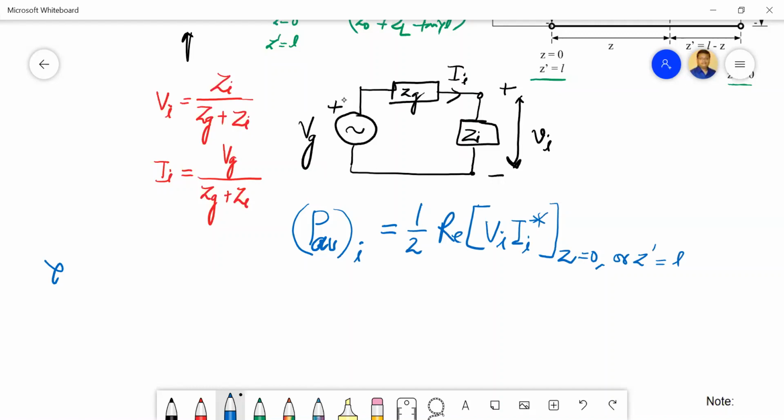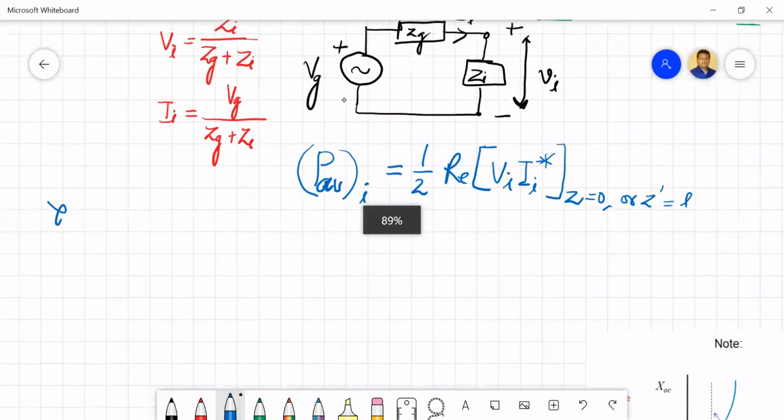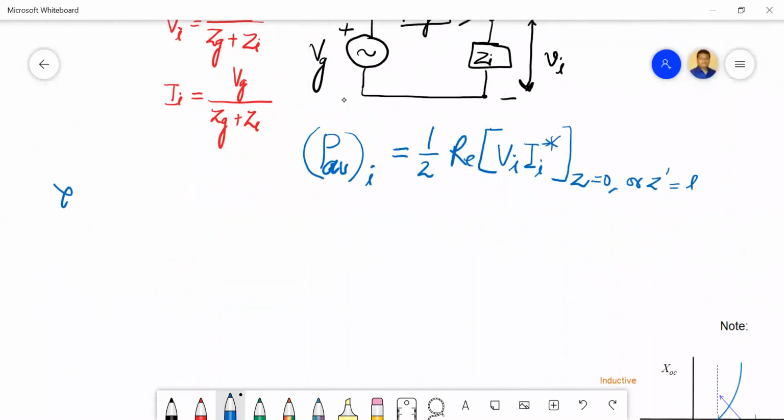This is P average, with i standing for the input terminal: half of the real part of the product Vi Ii star, and here I mention z equal to 0, meaning I'm looking from the source side. This is the power delivered by the generator to the input terminal. Similarly, we can manage the average power delivered to the load as well.